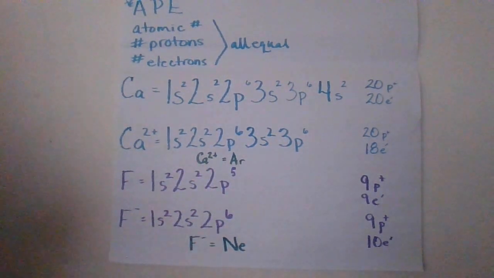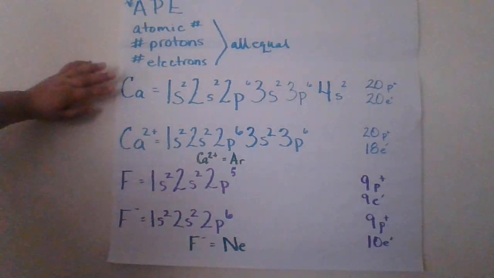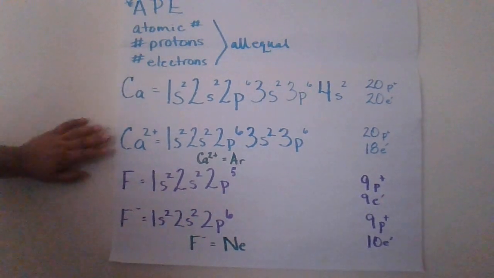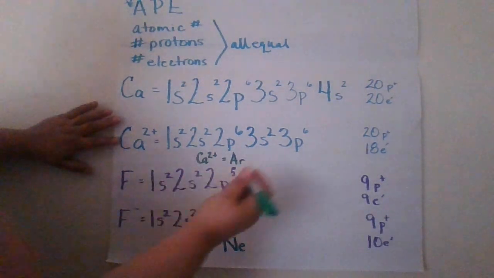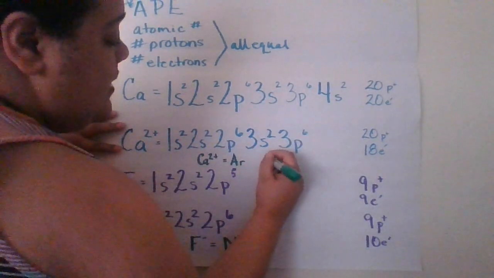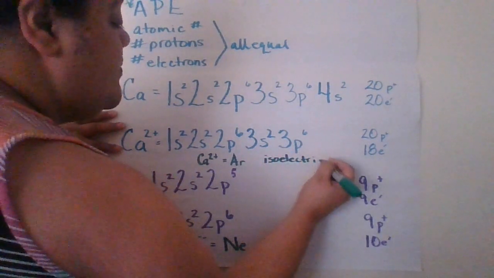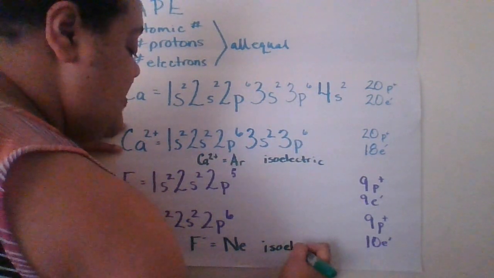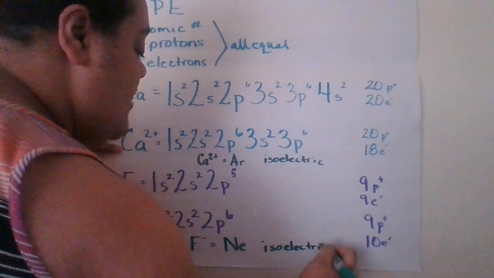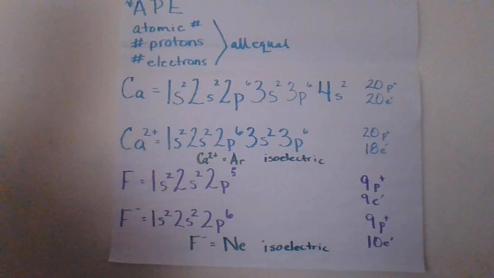Okay? So remember when you're looking at these different things, pay close attention. Is it an element in its base or natural state, or is it a cation or an anion? Okay? Because when they are cations and anions, they are isoelectronic, meaning they have the same electron configuration as a different element.